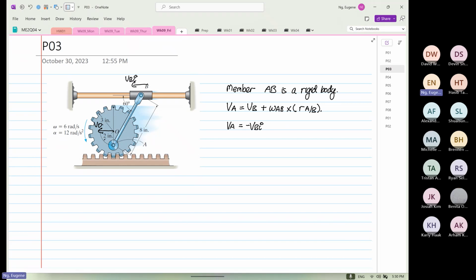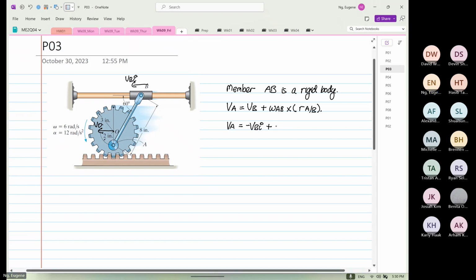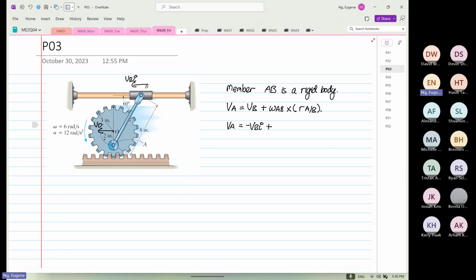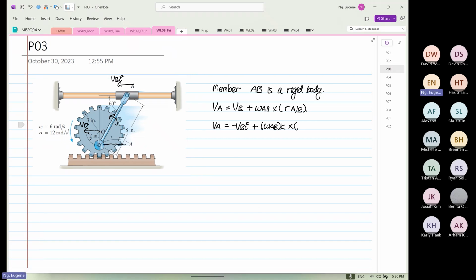Okay. Plus, so if it's going this way, I'm going to assume that this is going to go in an anti-clockwise direction, minus or positive omega AB K cross R, so from point B, so this is equal to 60 degrees.